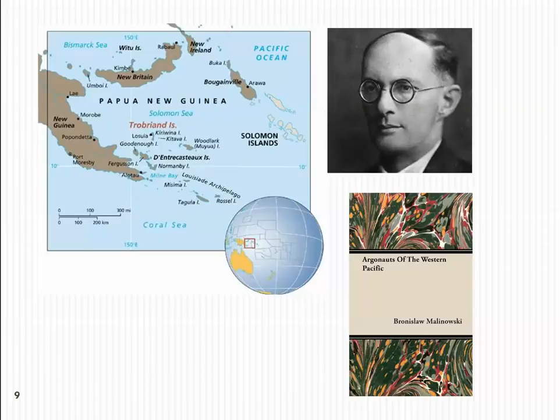If you look at the world globe on the map, you'll see in the lower left is Australia, that yellow. The smaller yellow is the island of New Guinea, and in the red box is where the Trobriand Islands are. So you can see in the larger map, the Trobriand Islands are off the coast of Papua New Guinea.